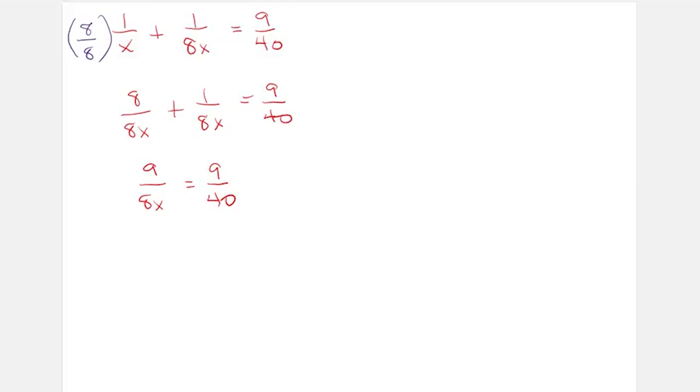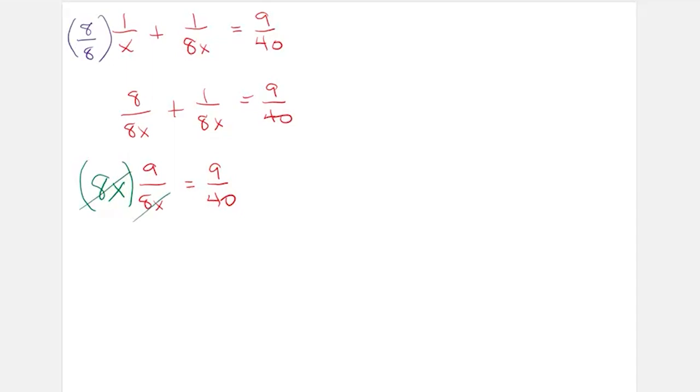First thing I'd want to do is make sure that I get rid of my fractions, because it's very difficult to solve these problems with fractions. So I'm going to first multiply this side by 8x, because then I'll cancel the 8x's and I'll just have a 9.